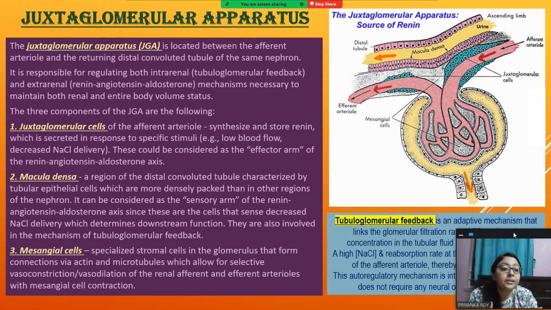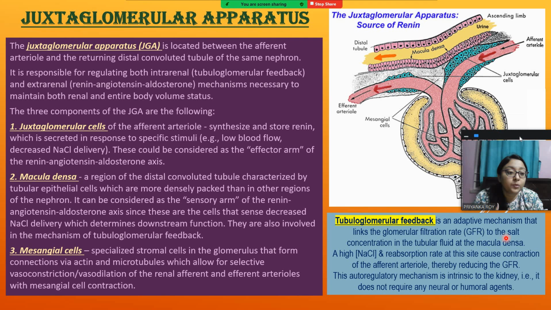It is an adaptive mechanism. The blood is coming from here and getting filtered in the glomerulus. The salt concentration here in the macula densa triggers how the fluid pressure or filtration will be carried out in the Bowman's capsule, because in the DCT the urine is already formed.